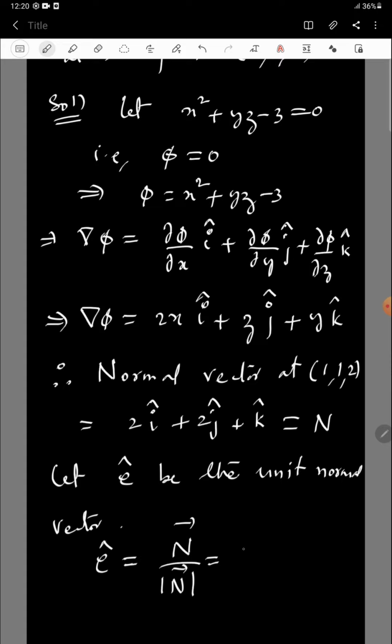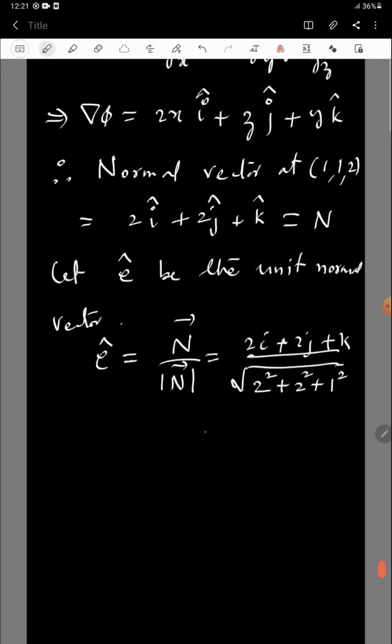So that is 2i plus 2j plus k divided by the length of that vector, that is the square root of the i coefficient squared, the j coefficient squared, and the k coefficient squared. So it is 4 plus 4, 8 plus 1, 9. That becomes 1 by 3 into 2i plus 2j plus k. This is the unit normal vector.